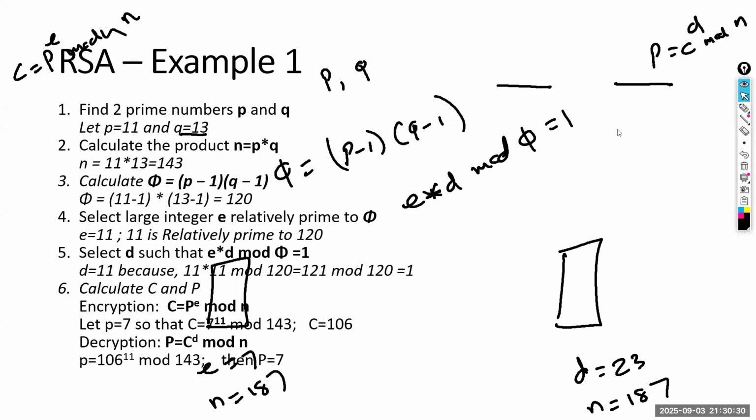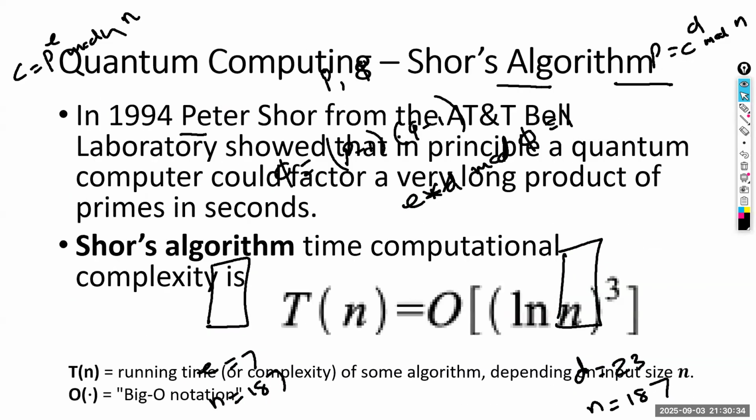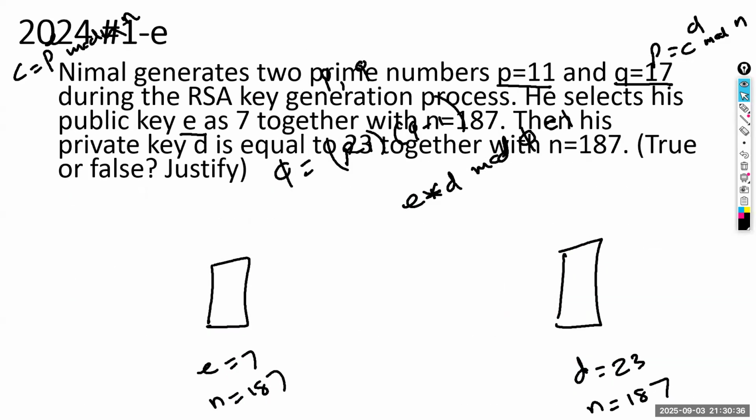So now let's get back to our question. They have given E, and now we want to double check whether these values satisfy this formula. E is 7, D is 23, mod phi. Phi is (P minus 1) into (Q minus 1).